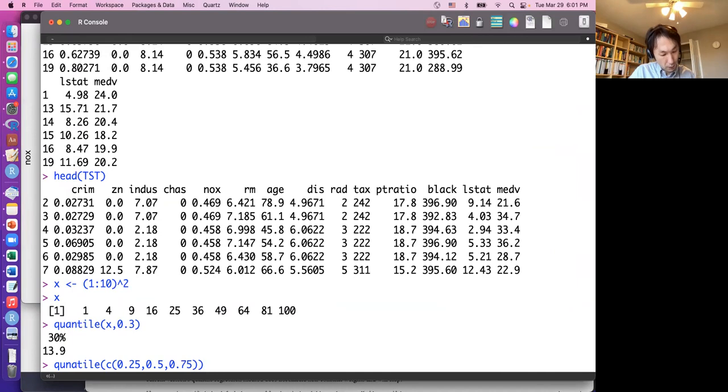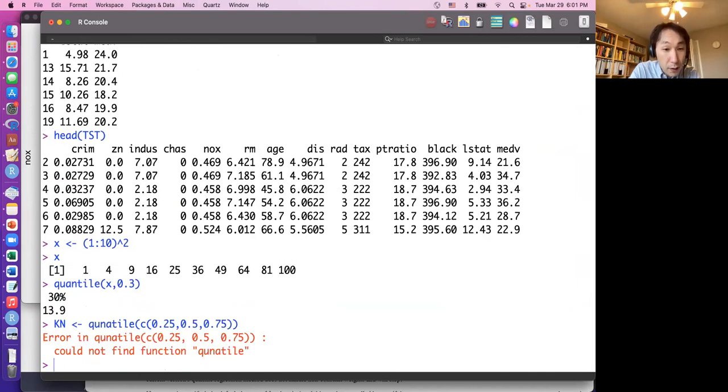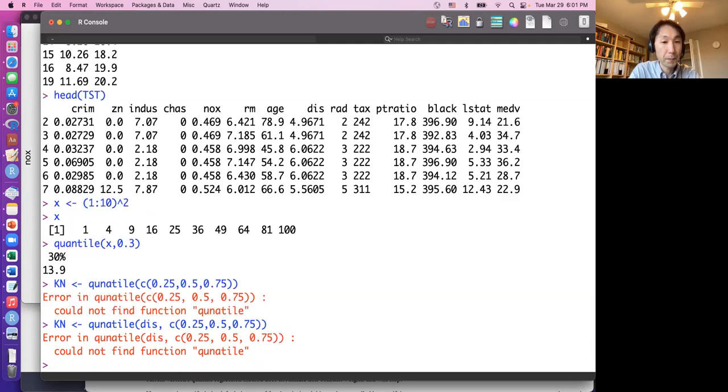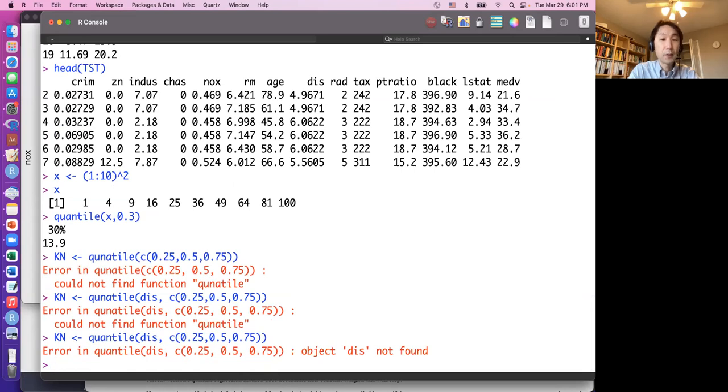Probably we only need these 3 points, so maybe we define this as knots, KN or something like that. Quantile. Oh, we have to split this variable. Quantile is not found.